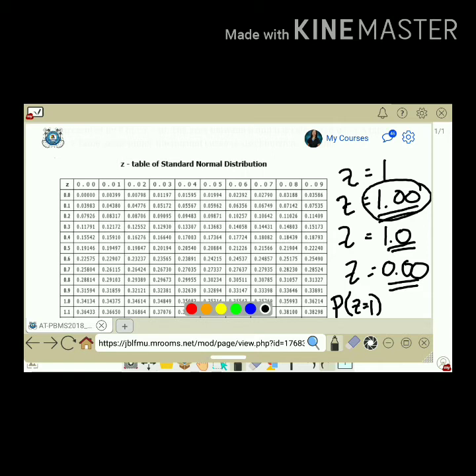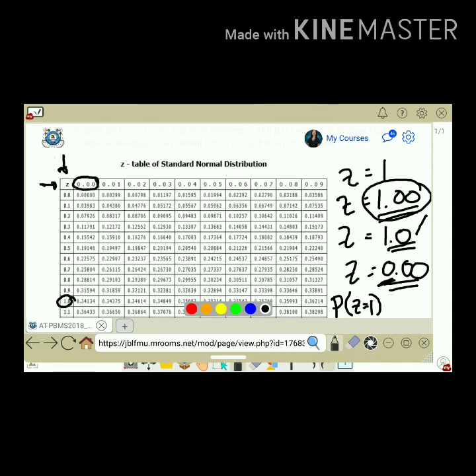Find this first on your vertical numbers, that is 1.0. And then the hundredths part, find it on the horizontal part, that is 0.00.